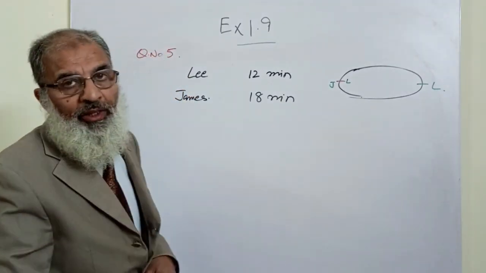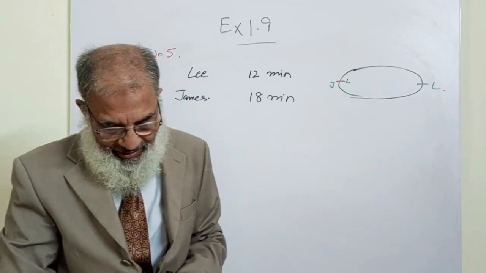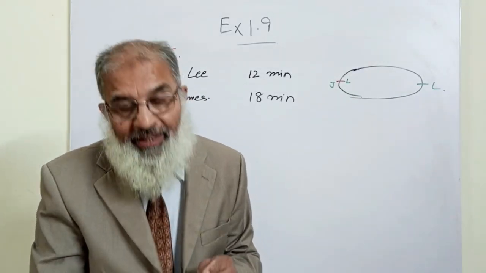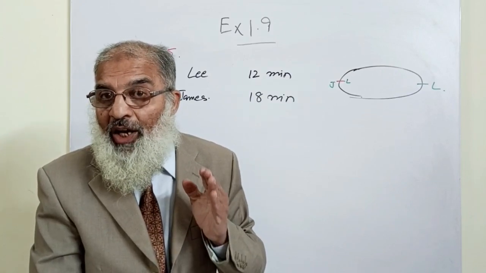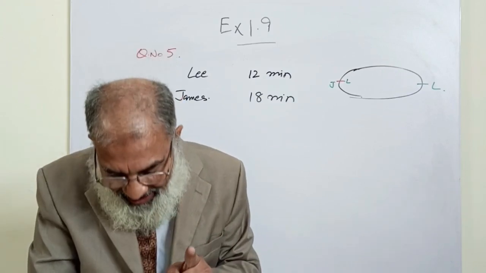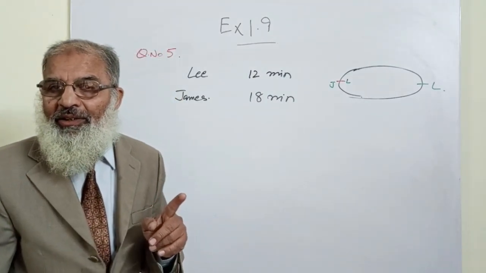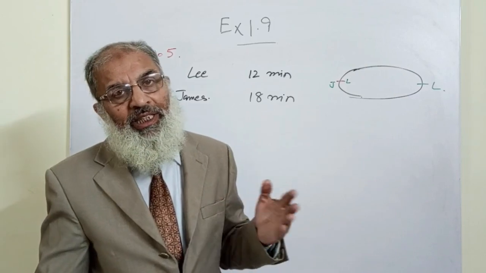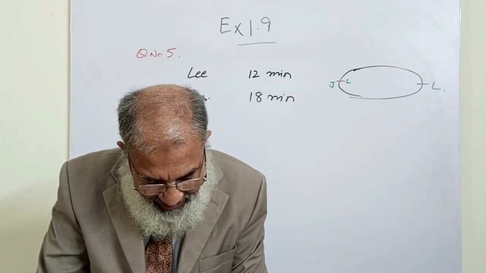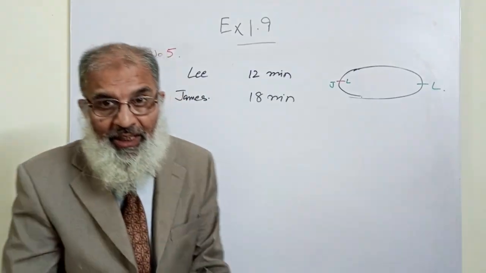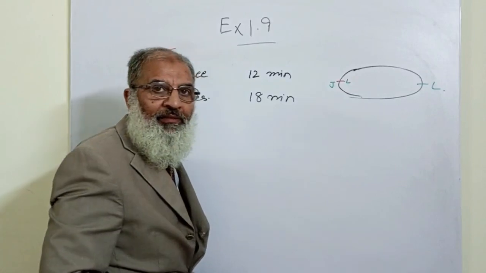So this is the logic hidden, and he has asked us how many minutes. When he says how many minutes, one word is again telling me that the question is heading towards LCM, to start together again.